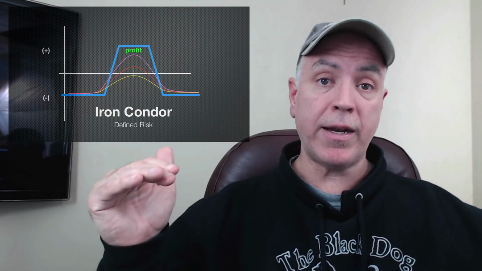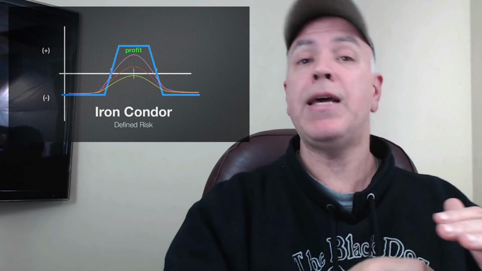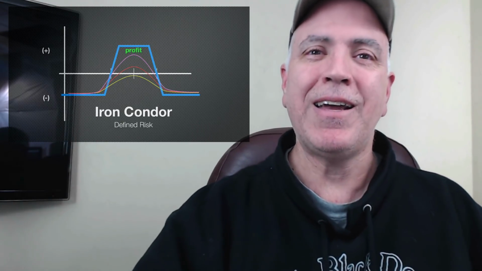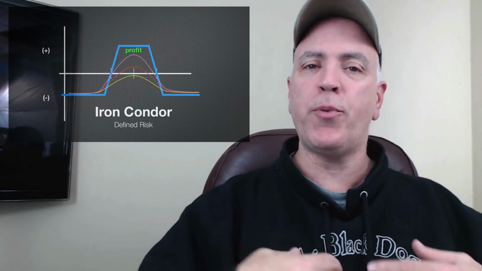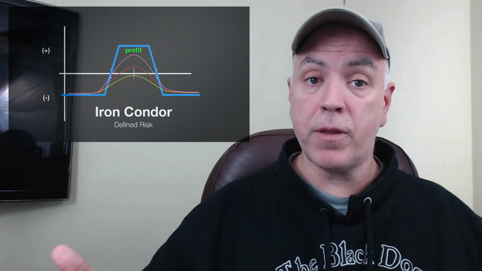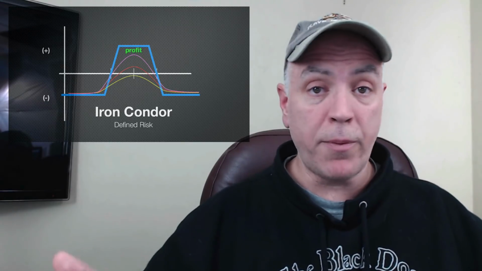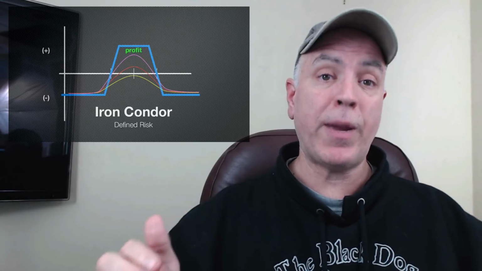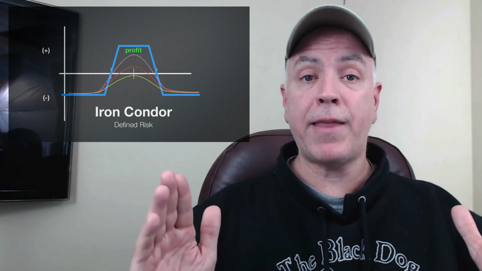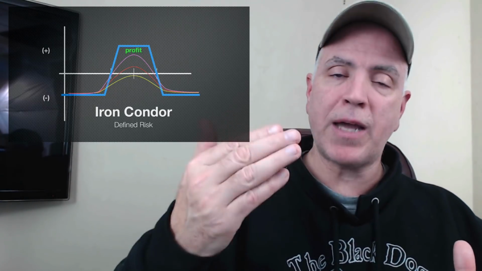So we're making them wide enough so that they stay within the expected move. See, it's all tying together. As long as we choose things that are fairly confident within the realm of possibilities and probabilities, it will remain within that expected move and inside of that profit area sometime by expiration.